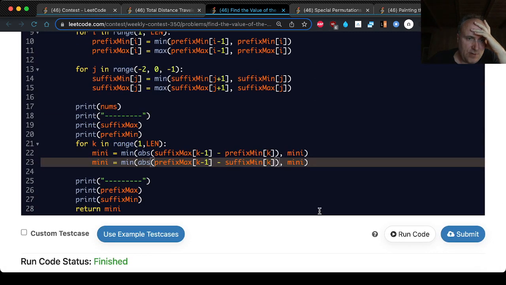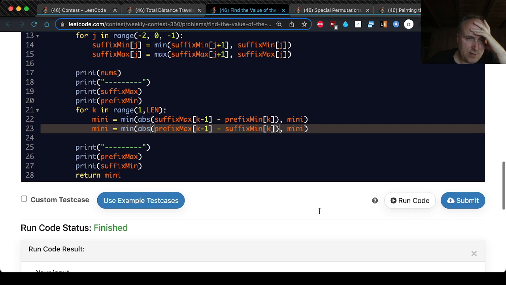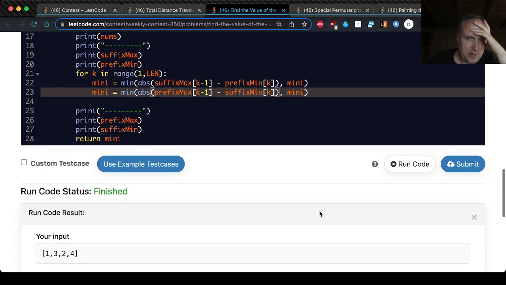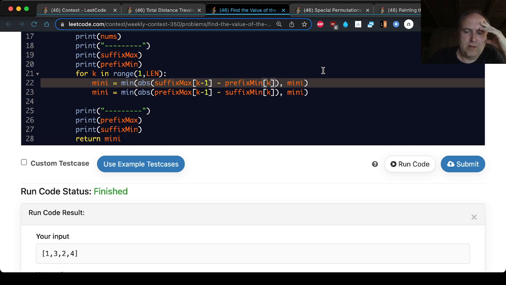Okay, so the first one is suffix max, prefix min. So first one is prefix min. So it's going to be x minus 1. And it's going to be suffix max, okay? Now, then it's suffix max, a prefix max.